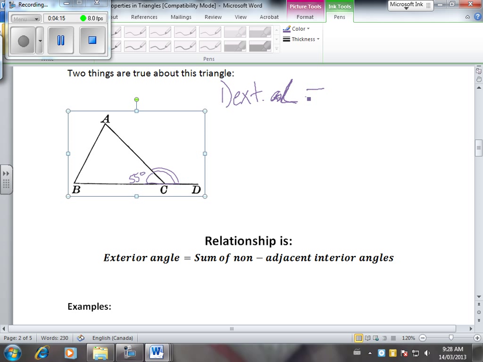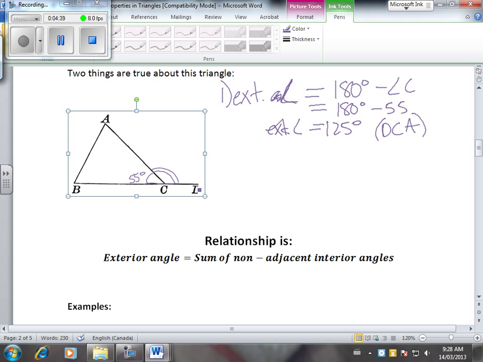So our exterior angle will equal 180 degrees minus angle C, which is 180 degrees minus 55. So our exterior angle equals 125. And we can also name this angle DCA. Okay, so it would start at D, C is where the angle is, and then A. So that would be angle DCA.